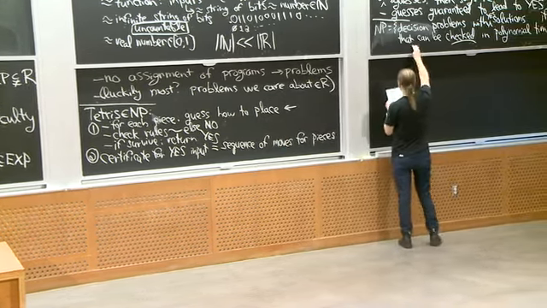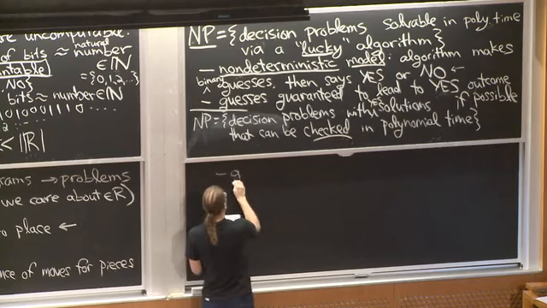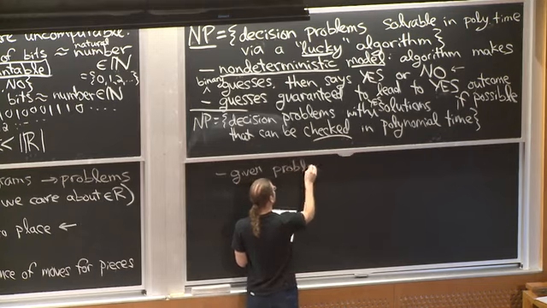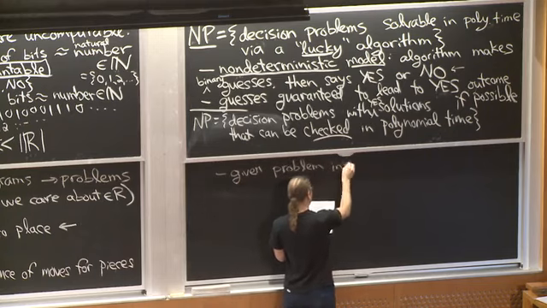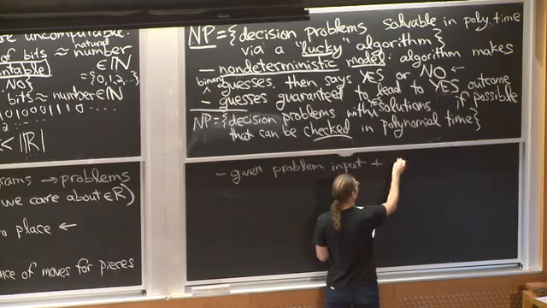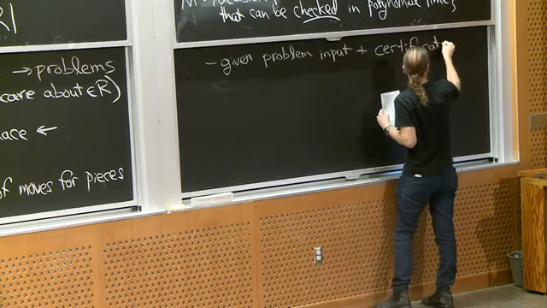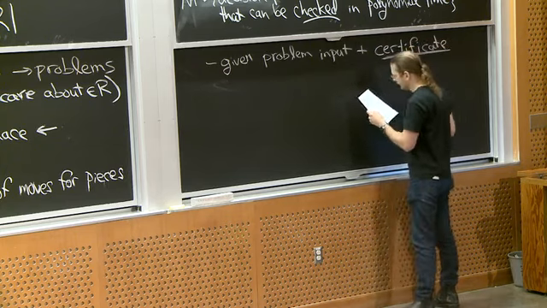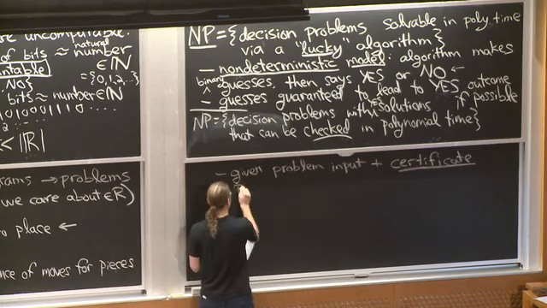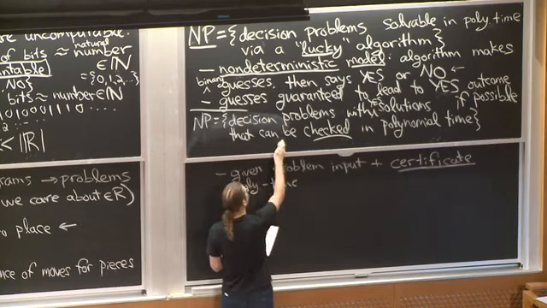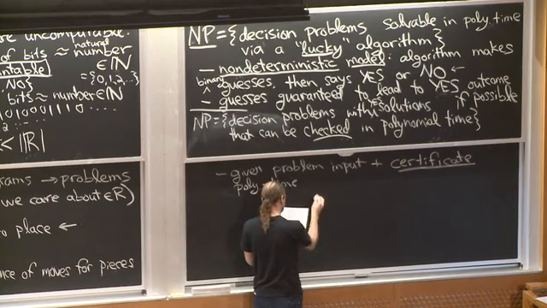So let me formalize this notion. Given a problem input plus a certificate, like that one over there, there is a polynomial time verification algorithm. So this is yet another definition. This is what I mean by this definition of NP.